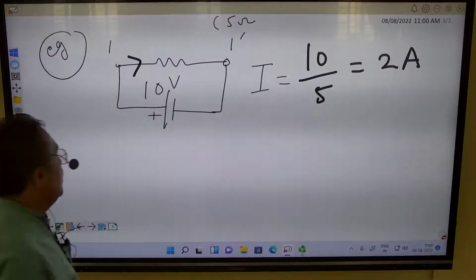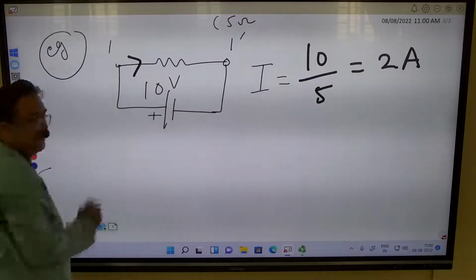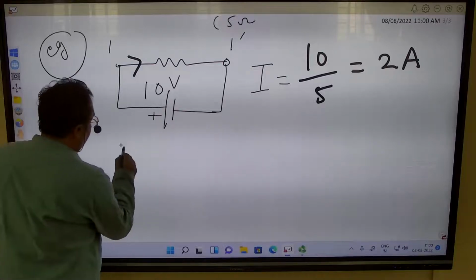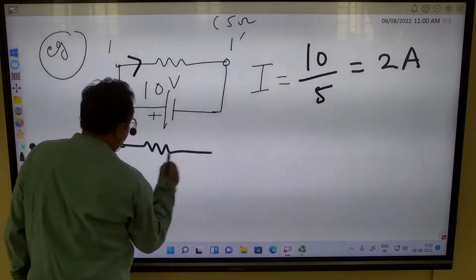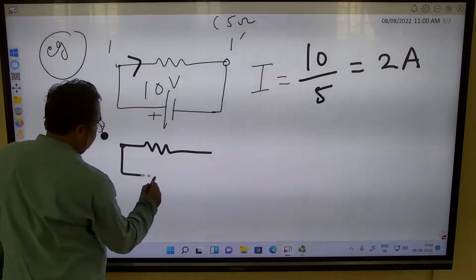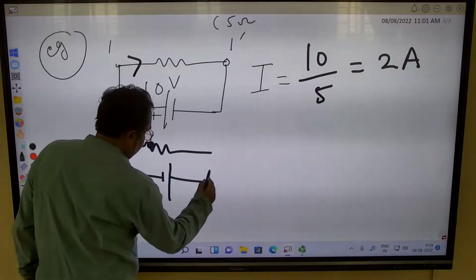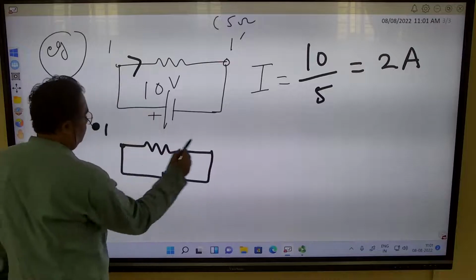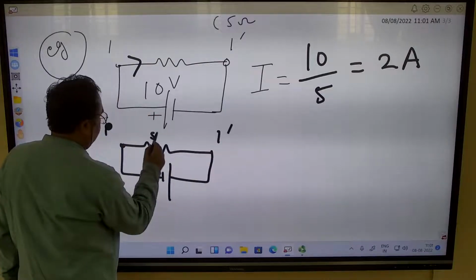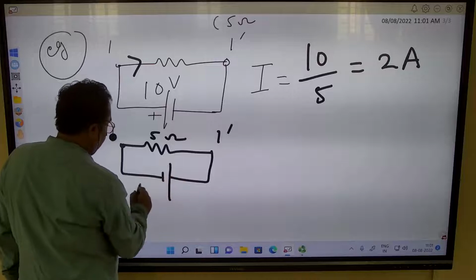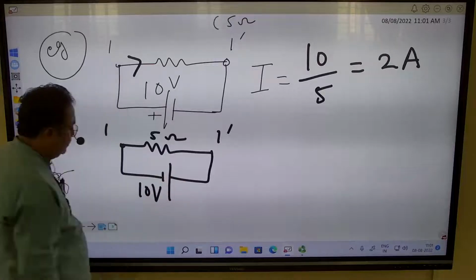Okay. Now I do another experiment on the same resistor. What I do?